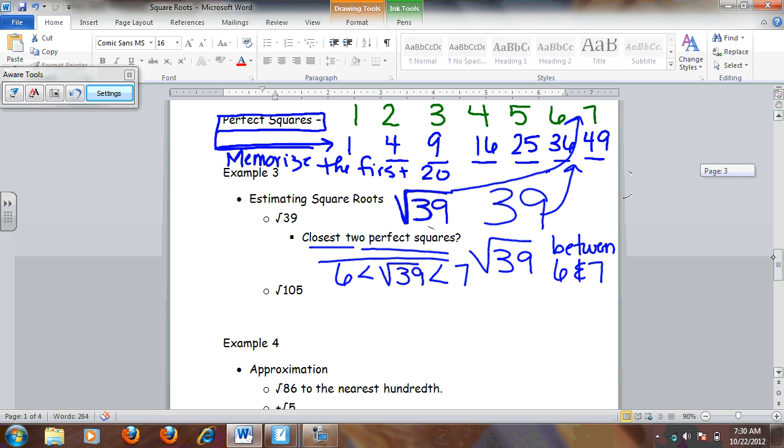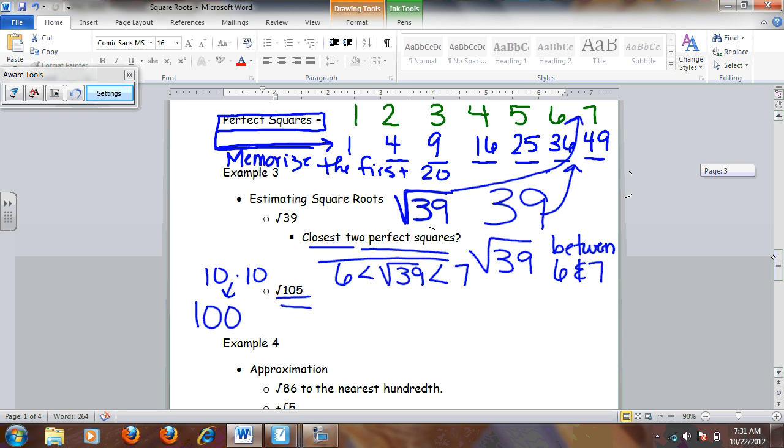Okay. How about the square root of 105? Can you think of a perfect square close to 105? 100. What is the square root of 100? 10, because 10 times 10 is 100.